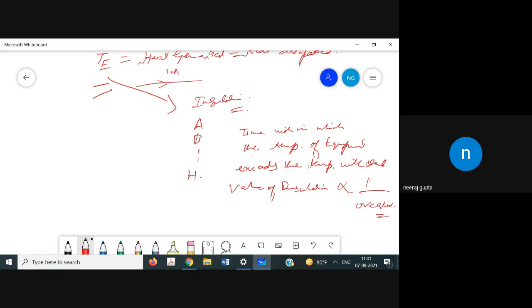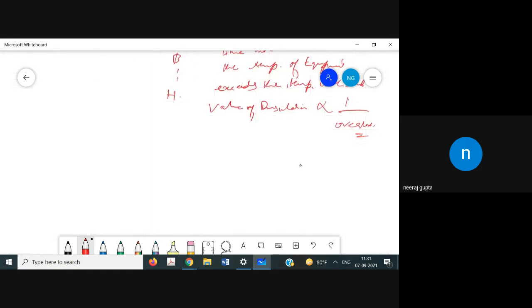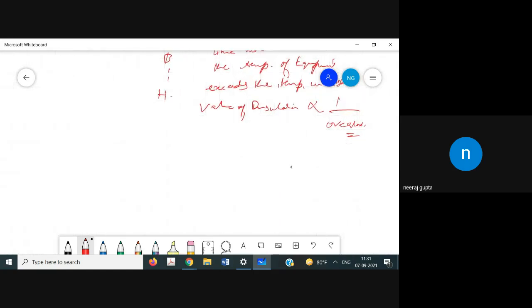If you draw the graph between the time and the overload, in terms of current, it would be somewhat like that. It would have inverse characteristics.